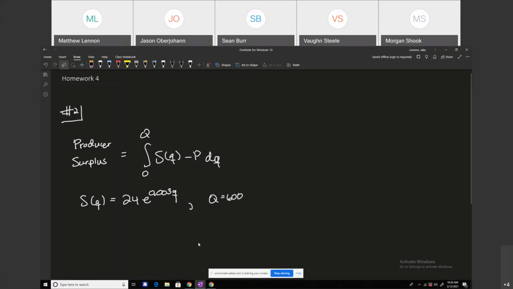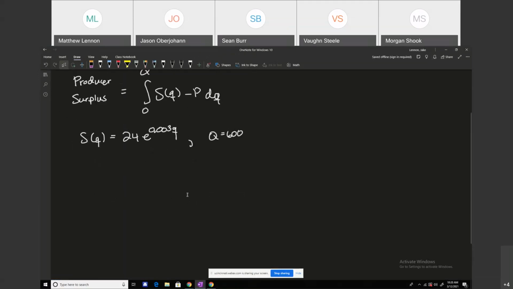So first thing is we want to find capital P. So capital P is what we get when we plug in 600 for Q there. So we get e to the 0.003 times 600, and we want to plug that into the calculator.